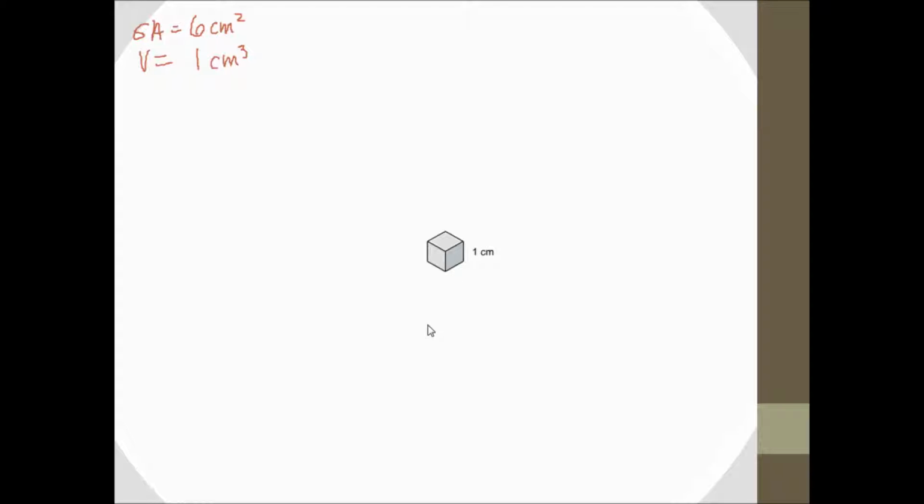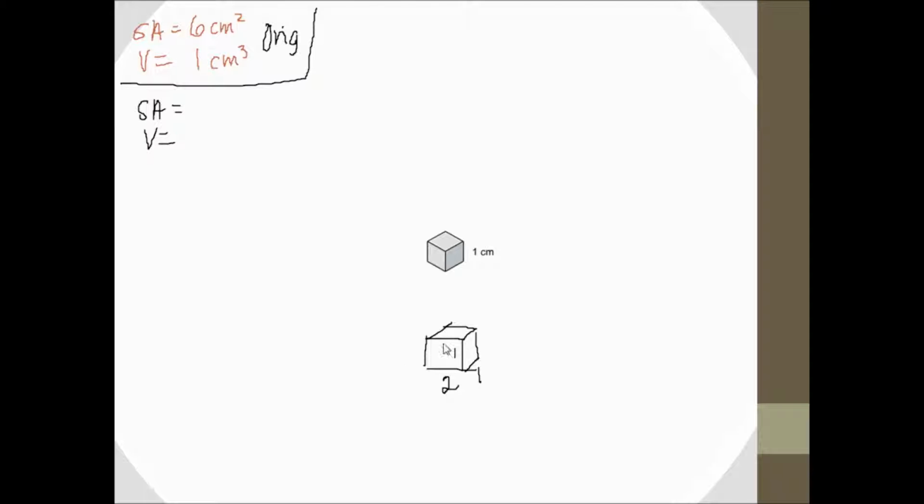I'm actually going to draw it. Good enough. So now it's a 2 by 1 by 1. I increased just one of the dimensions. So this is my original surface area and volume, and now my new surface area and volume.